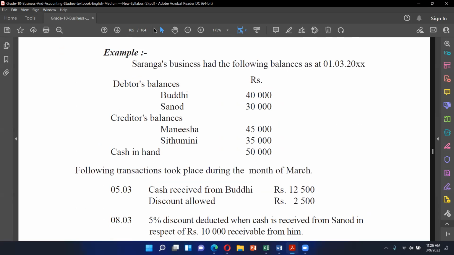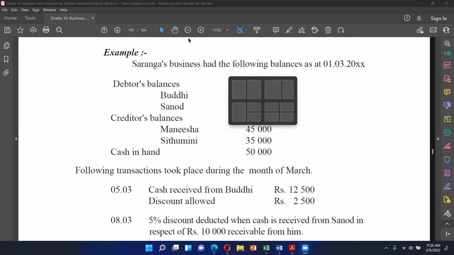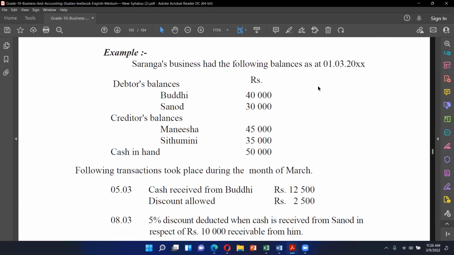So can someone read this question? Example, we'll ask Asali Gajaba. Are you there? Yes, sir. Read the question. Saranga's business had the following balances as at 1st March.